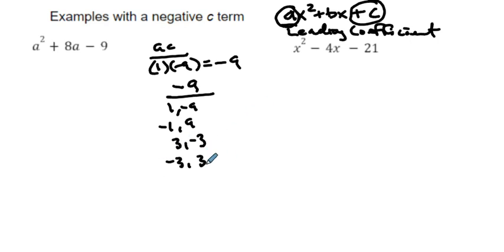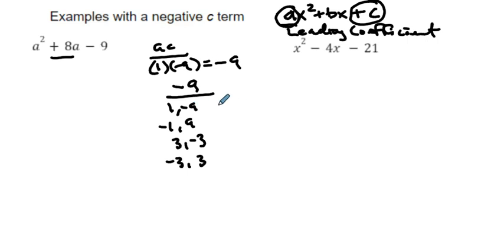You don't need to write them down twice. But now what we're going to do is add these together and see which of these gives us this +8 that we're looking for. So we know they multiply together to give us the C, and then I want to add them up and see which ones give me that B term.